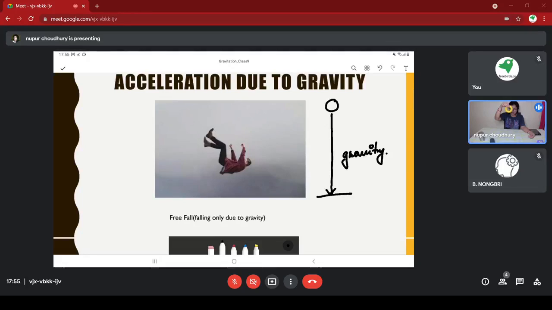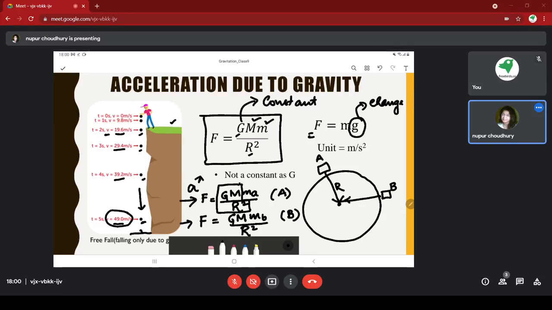Okay, so I think this is clear, and we have to remember that this capital G is basically constant. It does not change if we go to other planets. However, this small g will change. This is not constant. This is a changing factor. All right.